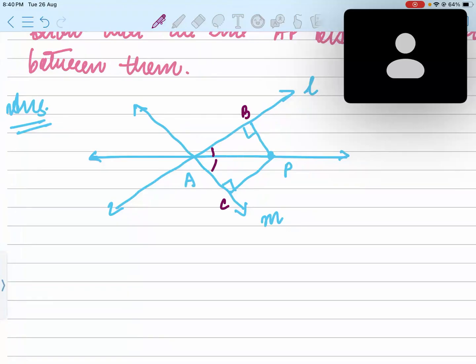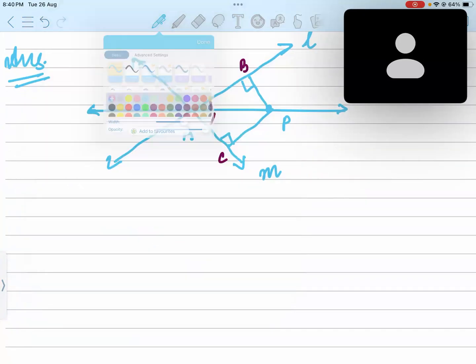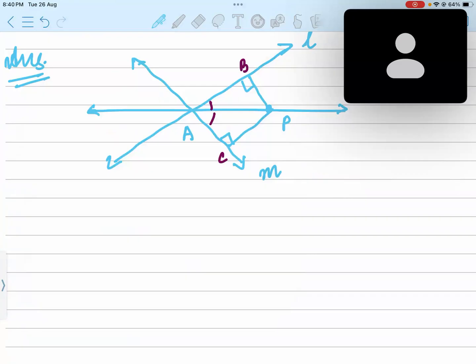Tell me, children, can I do something with the triangles? Which two triangles can I take? Yes, I will take triangle APC and triangle APB.